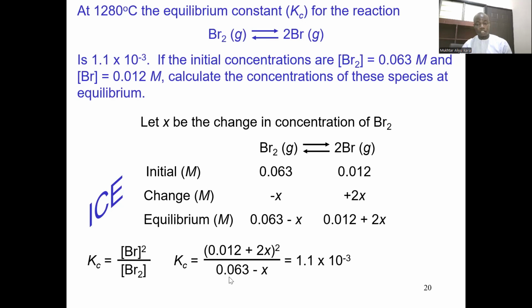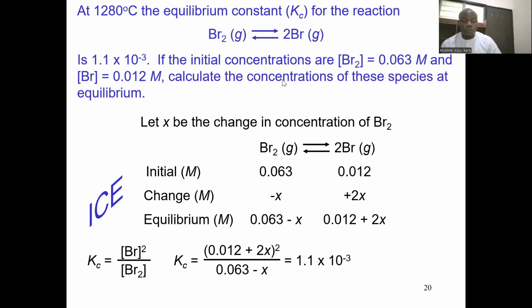The reactant, which is the bromine molecule, is now going to be 0.063 minus X. And at the end we have the Kc, which is already given in the question as 1.1 times 10 to the power of minus 3. After this, we are now going to solve for X.